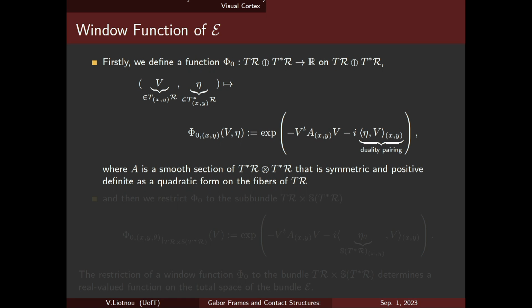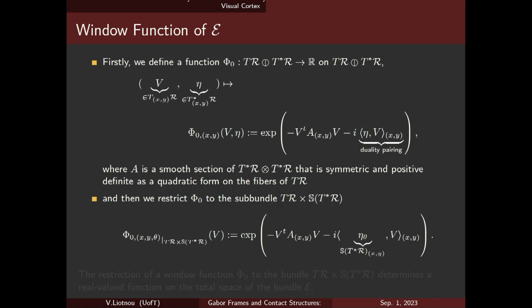And the second part is a complex exponential, where the brackets denote the duality pairing between vectors and covectors. Now, if one restricts this to the sub-bundle, where the second part of the Whitney sum, the cotangent bundle, is just restricted to the unit covectors, the function is actually parameterized by x, y and the angular coordinate for the fibers of the unit cotangent bundle.